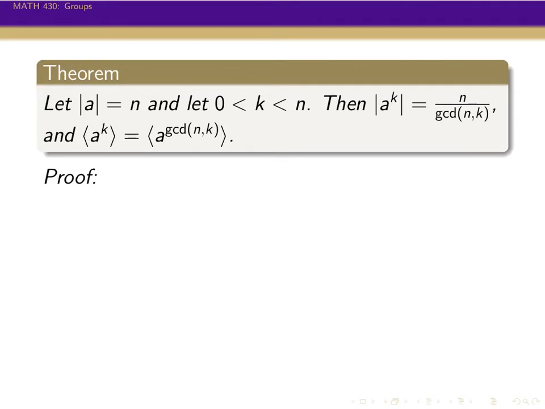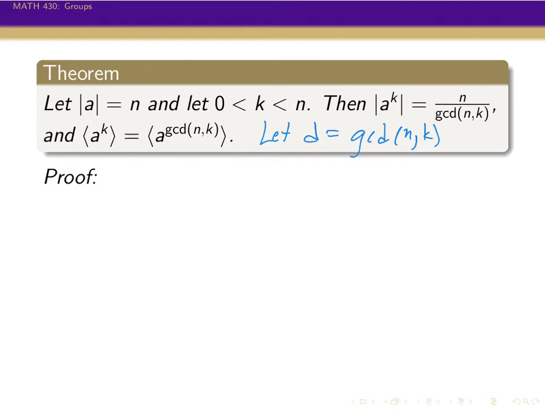Then the order of a to the k is going to be n divided by the GCD of n and k. And the subgroup generated by a to the k is going to be the exact same as the subgroup generated by a to the GCD of n and k. Okay. So to make things simpler for us, let's let d equal the GCD of n and k.